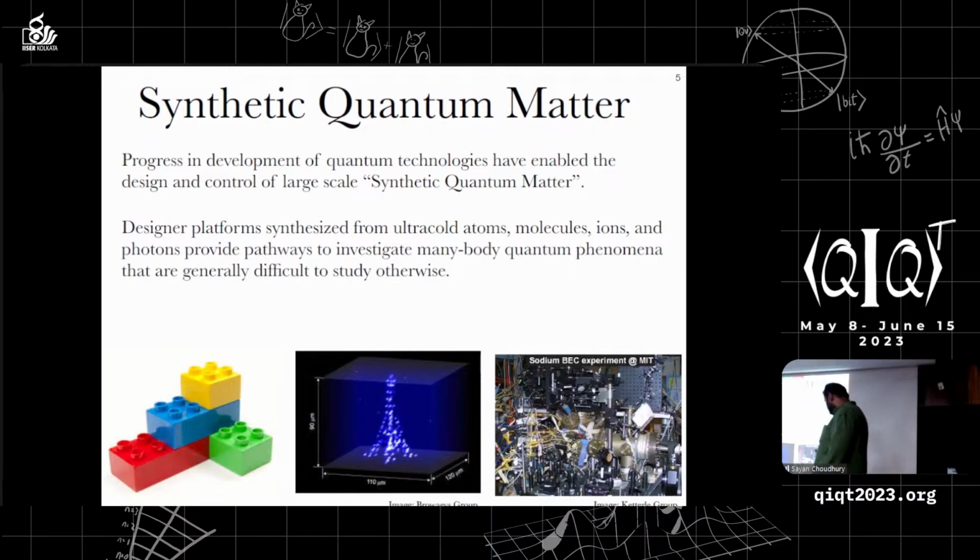To give you a sense of the kind of control these people have, here is a collection of Rydberg atoms which have been combined together in the form of the Eiffel Tower. This is the sort of control of the geometry that one can get. So this is an amazing playground for theorists, because you can think about building a variety of different models, and you can make very accurate predictions for experiments.